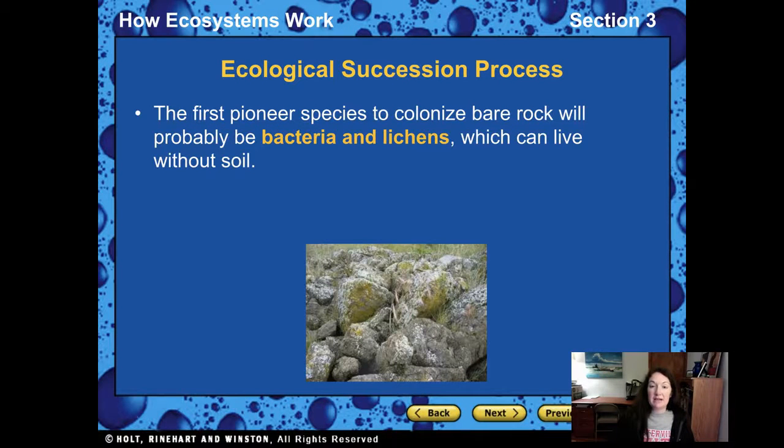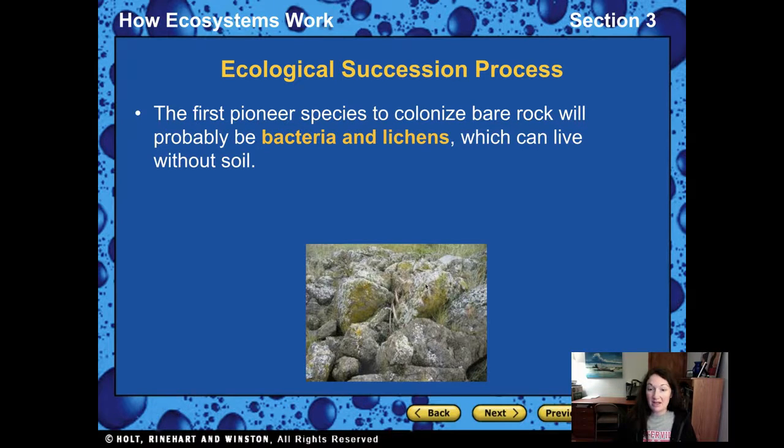So in the case of primary succession, the first pioneer species that comes in is generally something called lichen. And lichen is like a combination, I believe, between a fungus and a bacteria. So that is this green stuff that you often see on rocks, and you'll see it on trees and other things.